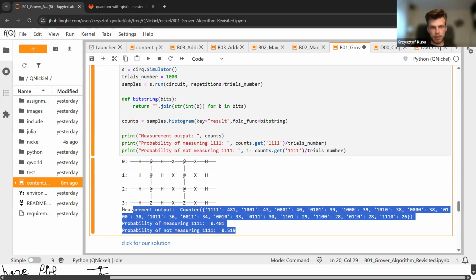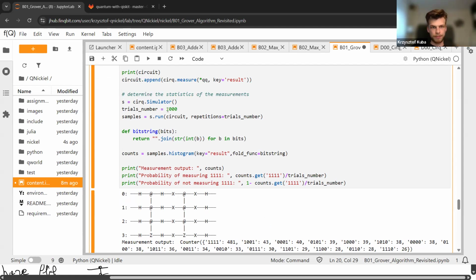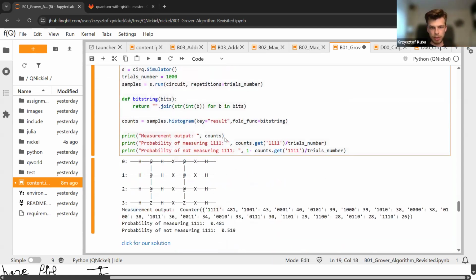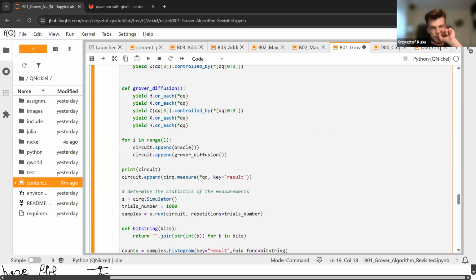And as you can see here, the output is very gibberish, but this is likely because I have created only one iteration, but as you can see already, most of the measurements are towards 1, 1, 1, 1.